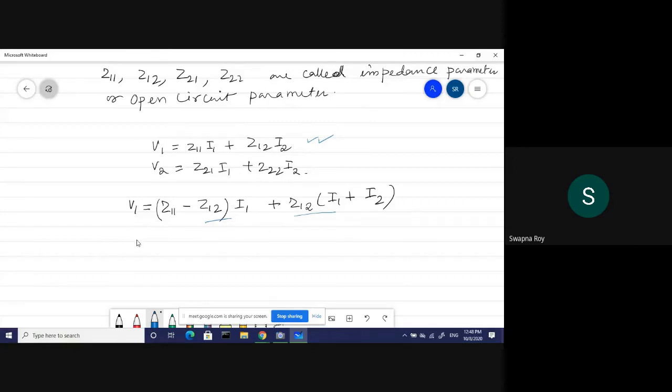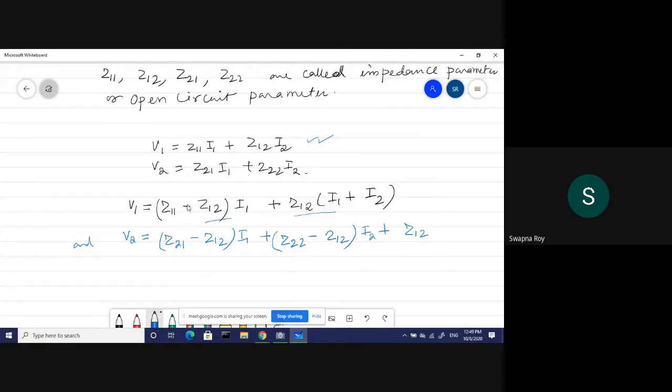Now V2 is equal to Z21 minus Z12 into I1, plus Z22 minus Z12 into I2, plus Z12 into I1 plus I2.